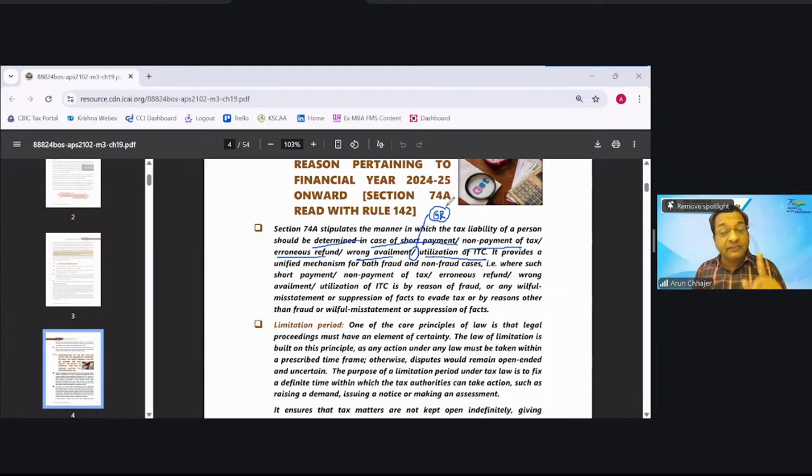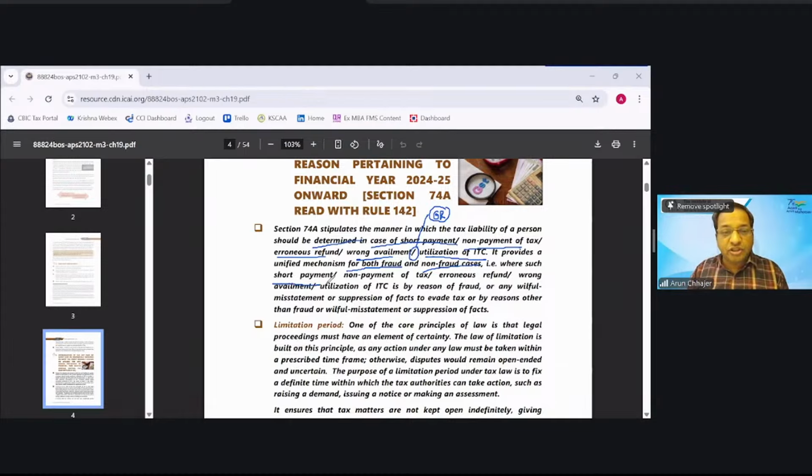But if I talk about the demand and recovery chapter, they do not have the words 'availed and utilized'. It is 'availed or utilized'. It provides a uniform mechanism for both fraud and non-fraud cases. Now what I told is that both have been merged together, fraud and non-fraud.